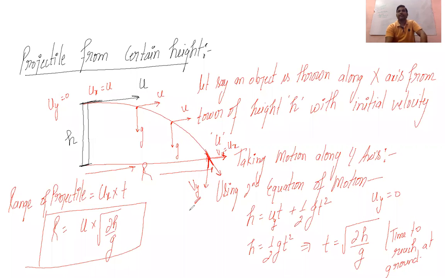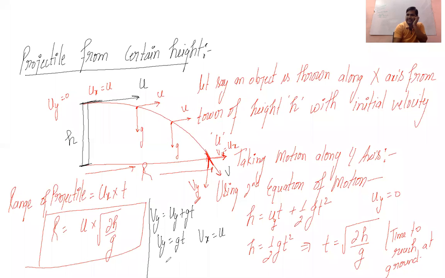So Vy we can calculate using the equation of motion along the y-axis. The initial velocity along the y-axis is 0, so this will be gt, and the velocity along the x-axis is u. You can add these two at 90 degrees. I am using another color of pen so that you can understand. Vy is gt, because uy plus gt, with initial velocity along the y-axis 0, gives gt, and velocity along the x-axis is u only, and these are at 90 degrees.